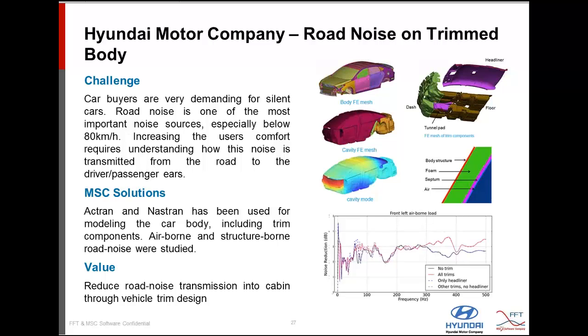In this case of Hyundai Motor Company, the road noise has been evaluated inside the cabin by coupling Actran and a structural code, including trim components, and the airborne and the structure-borne noise were studied.